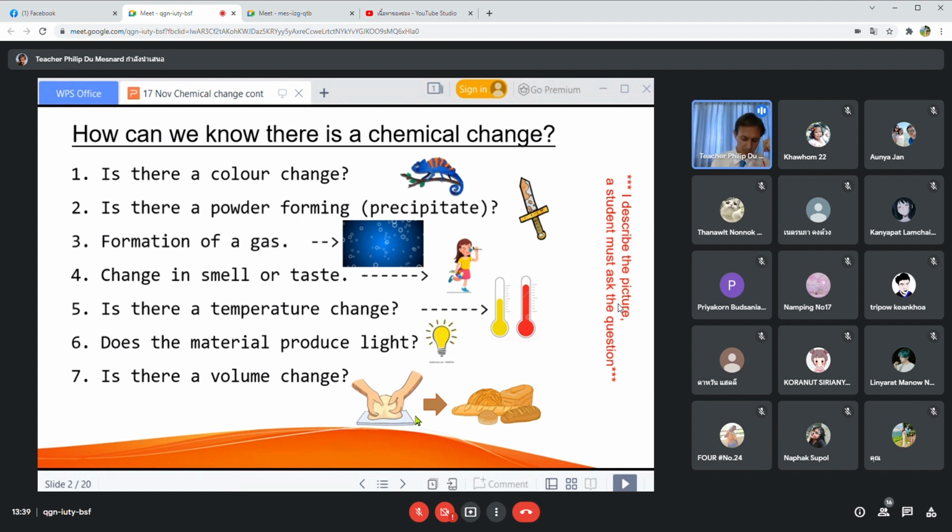Okay, let's see another student. Let's ask Ohm, number 10. I see a girl with a flower. What is the question? Number 10, Ohm. Yes, teacher. The girl has a flower. What is the question?